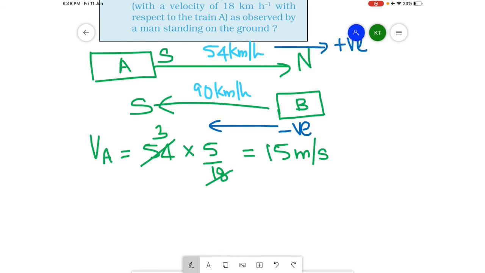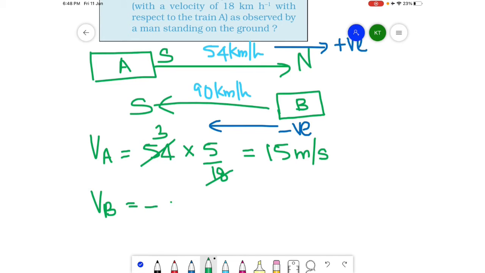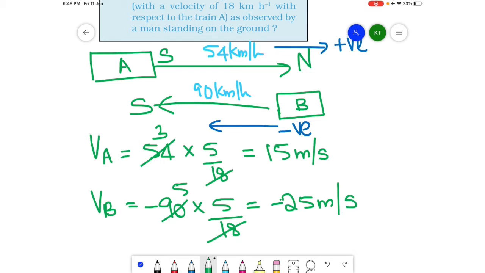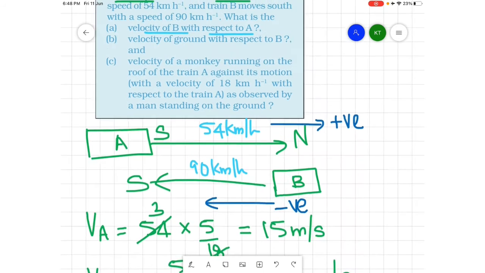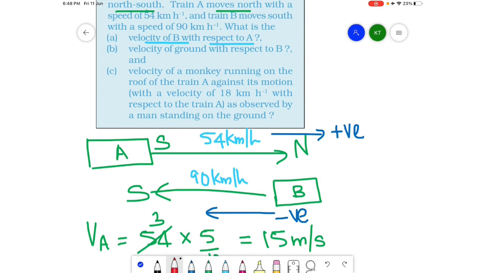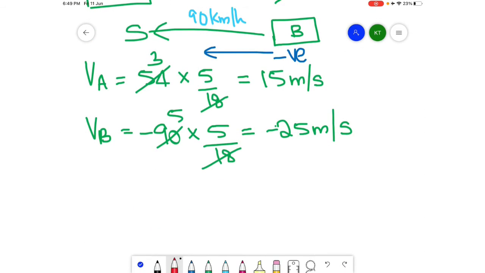Now what about B? The velocity of B would be negative 90 km per hour because it's moving in the negative x-axis. Multiplying by 5 by 18, we get negative 25 meter per second. Now, how do you find the velocity of B with respect to A?